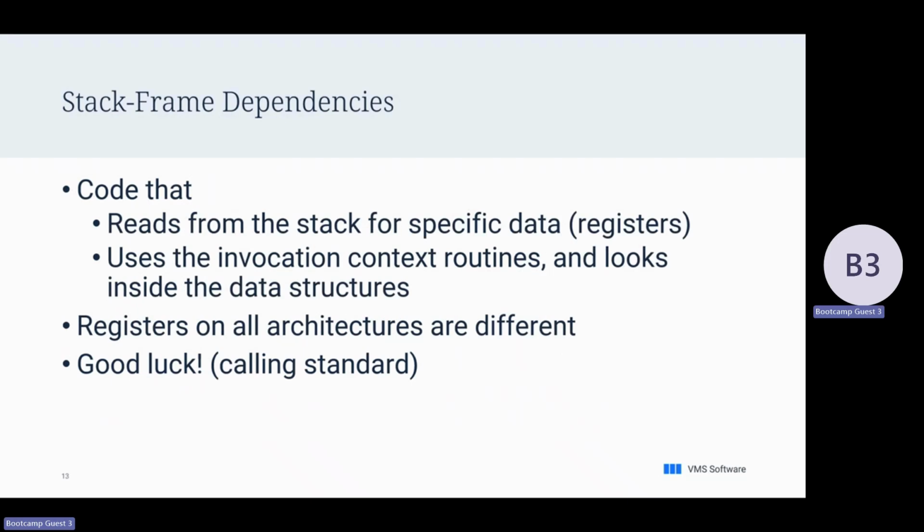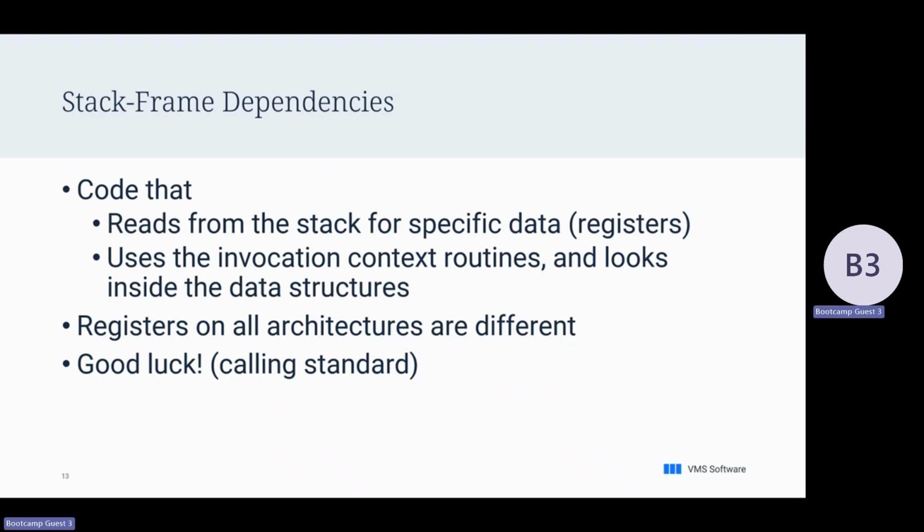Stack frame dependencies. If you have code that examines what happened before on the stack, reads directly from a normal stack frame or from an interrupt service frame or a system service entry frame, or if you have code that uses the invocation context routines and then starts looking inside the structures associated with that, looking for values of specific registers.